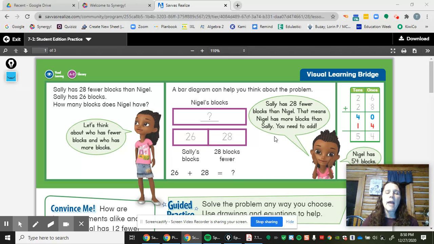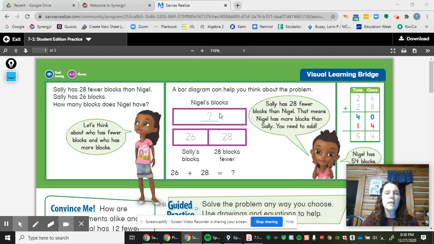So you need to add, okay? So then on the part whole mat, look at what they did. They put one of the parts was Sally's blocks. We knew she had 26 blocks. And we knew that they told us that she had 28 fewer blocks than Nigel.